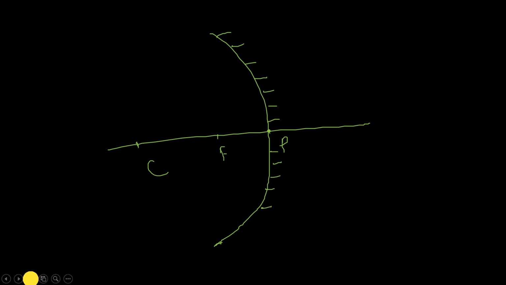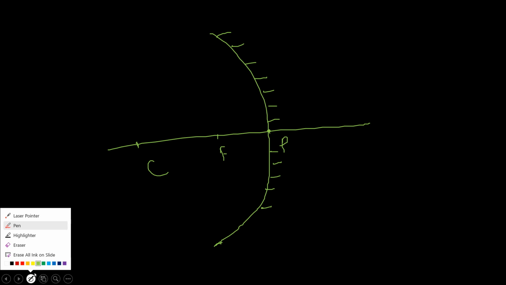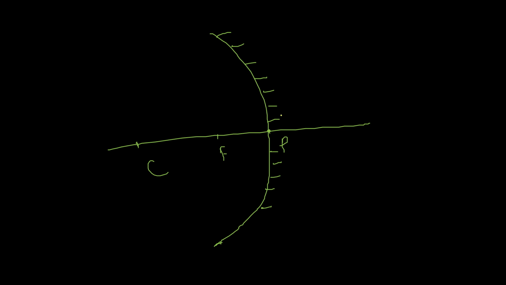This sign convention is also called new Cartesian sign convention. All measurements will be considered from the pole, in the direction of incident rays. As I said, if you place the object here, light rays will come like this, but I am measuring from this point.